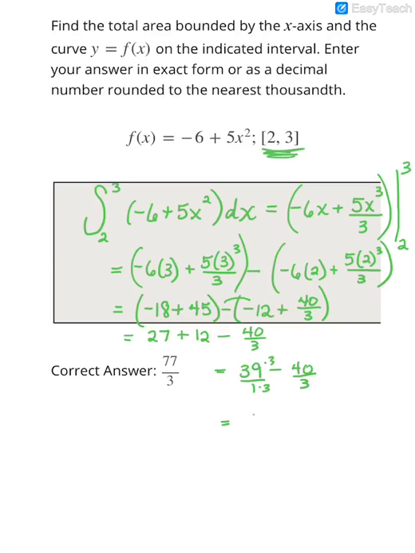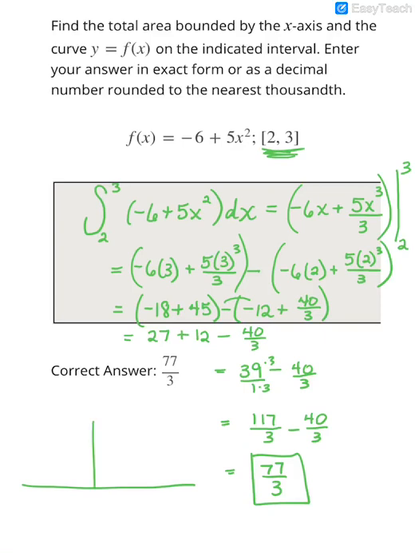So this becomes 117 over 3 minus 40 over 3. And if I take 117 minus the 40, I am left with 77 divided by 3. So that would be the total area that is bounded between that curve and my x-axis.